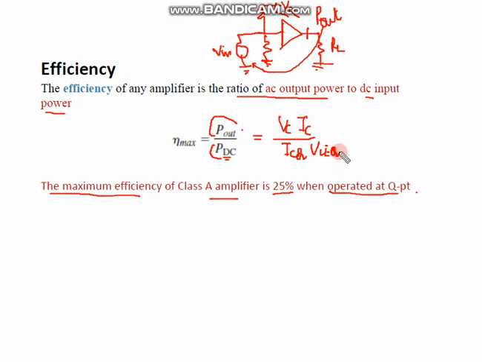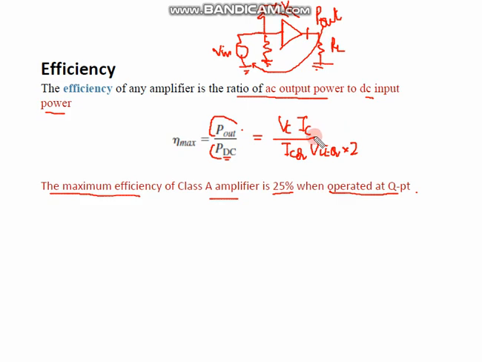But remember, we said that we put this VCEQ at the quiescent point, so it is 2 times VCQ, because we are operating at the Q point. When the Q point is at the midpoint for the class A amplifier, VC is equal to 2 times VCQ. And this is AC current, this is AC voltage.